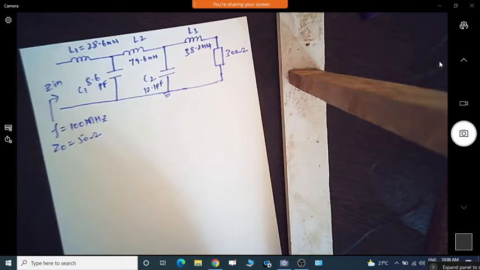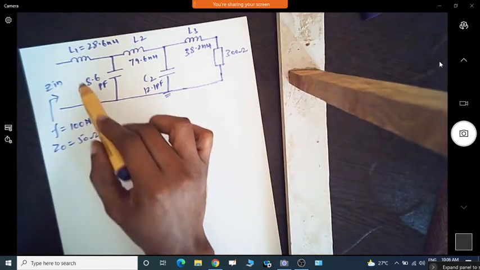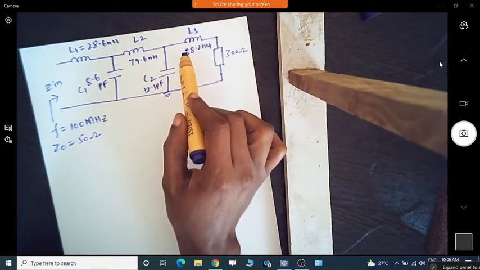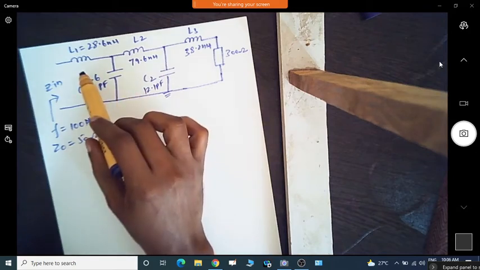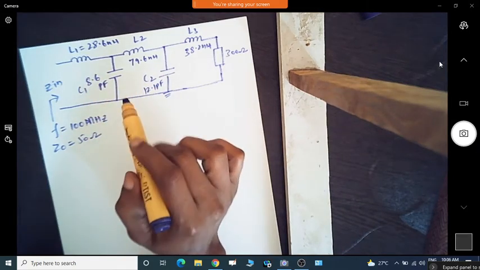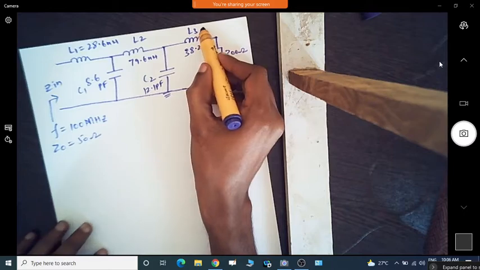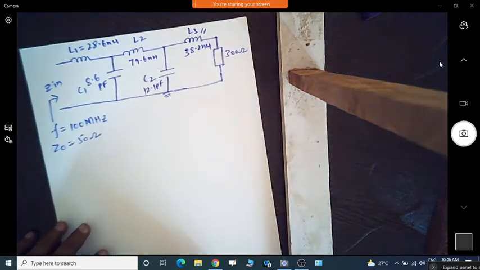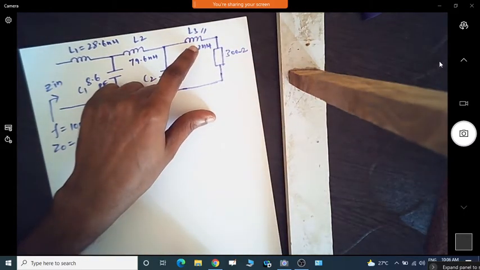Now first we need to find the normalized reactances or normalized susceptances offered by this series and parallel element. Let us take L3. Since it is in series, it will offer a series reactance.